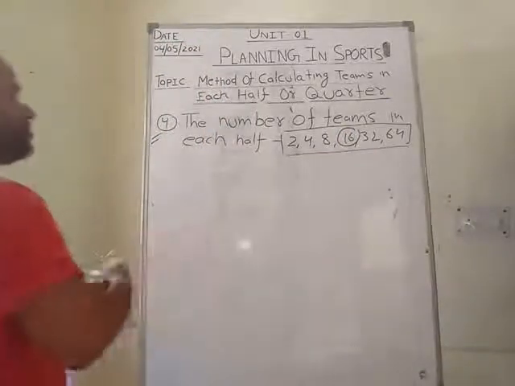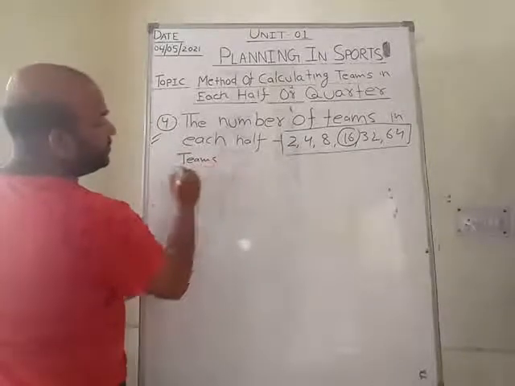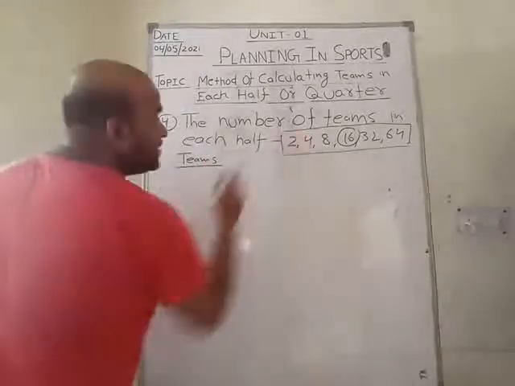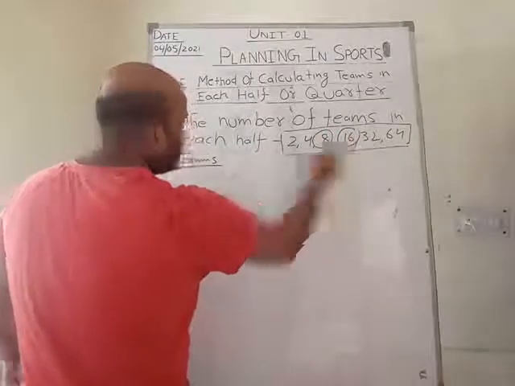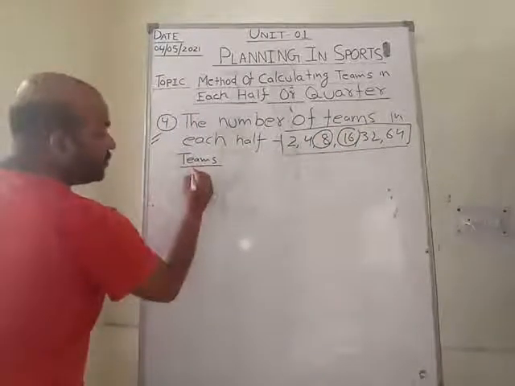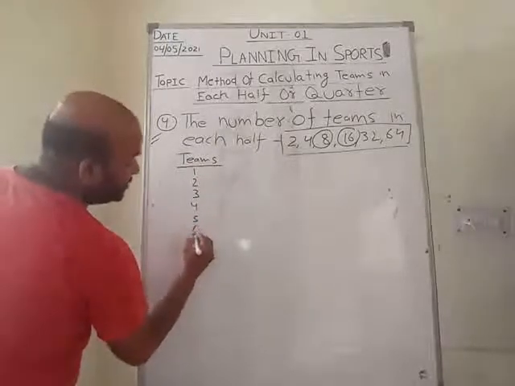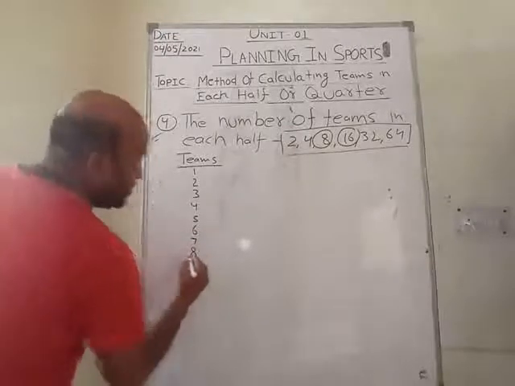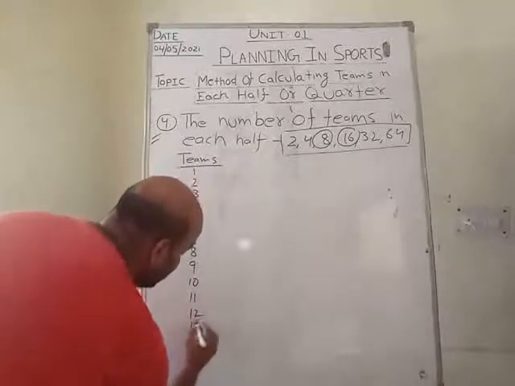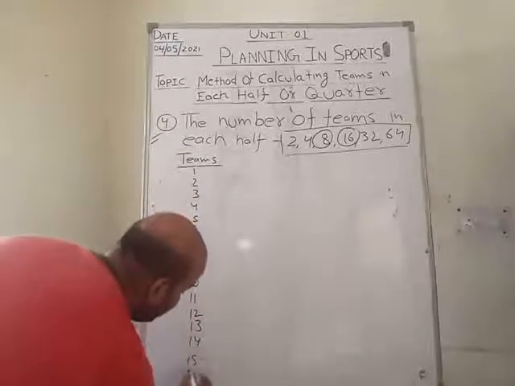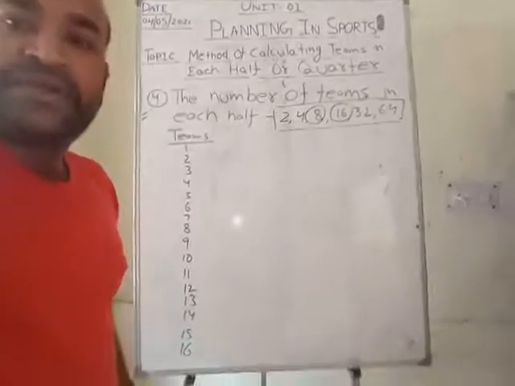So first give the names of teams. 16 teams. The previous example was 8, but this is 16 teams. So first write down 1, 2, 3, 4, 5, 6, 7, 8, 9, 10, 11, 12, 13, 14, 15, 16.